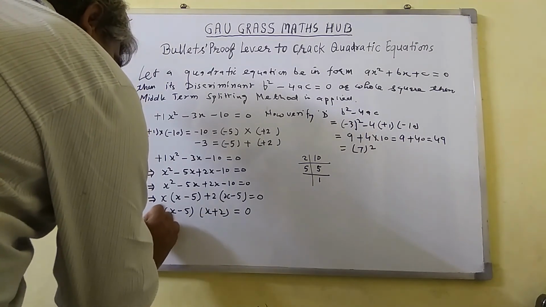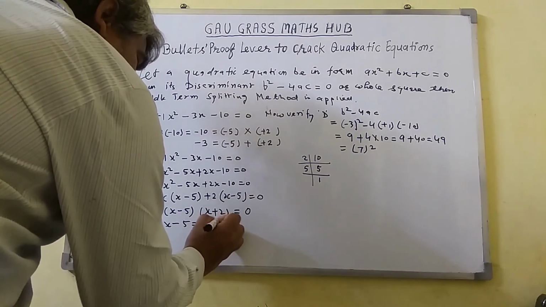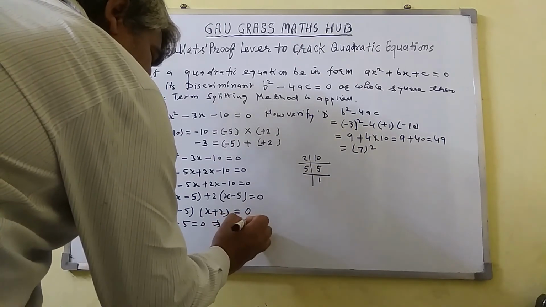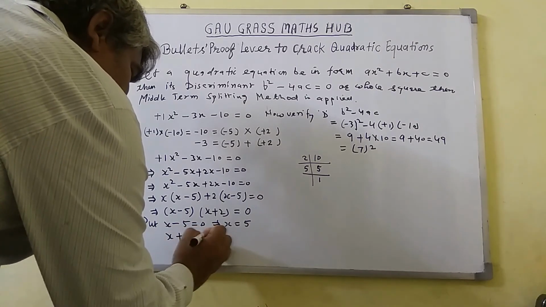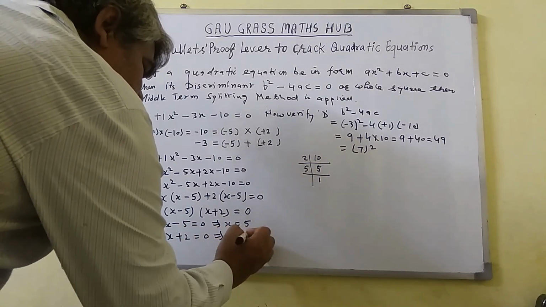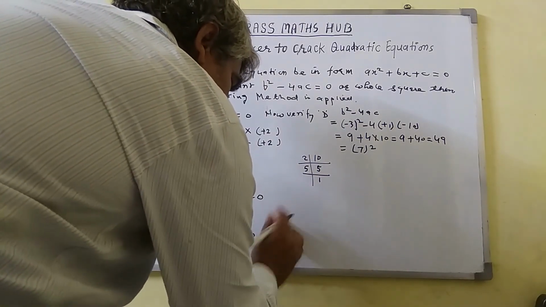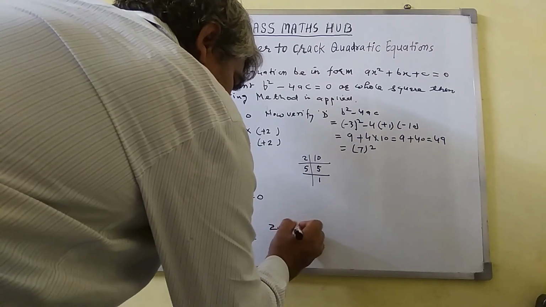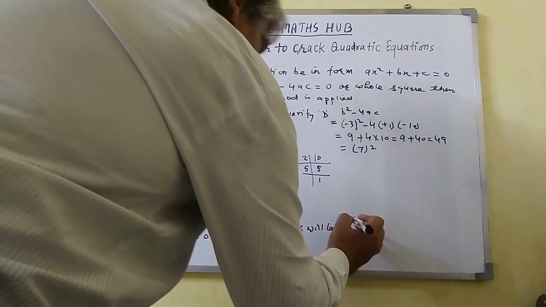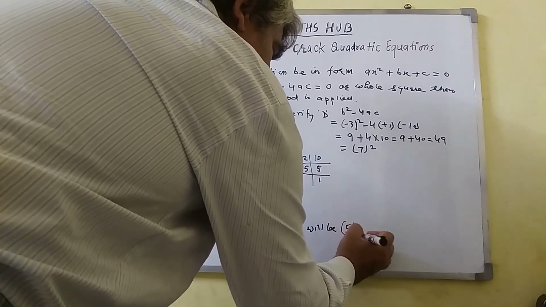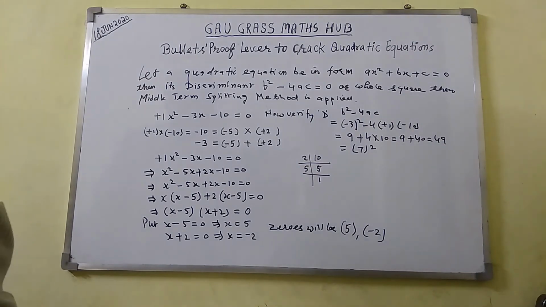Put x minus 5 equal to 0, implying x equal to 5, and also put x plus 2 equal to 0, implying x equal to minus 2. The zeros will be 5 in one bracket and minus 2 in another bracket. Okay guys, thanks.